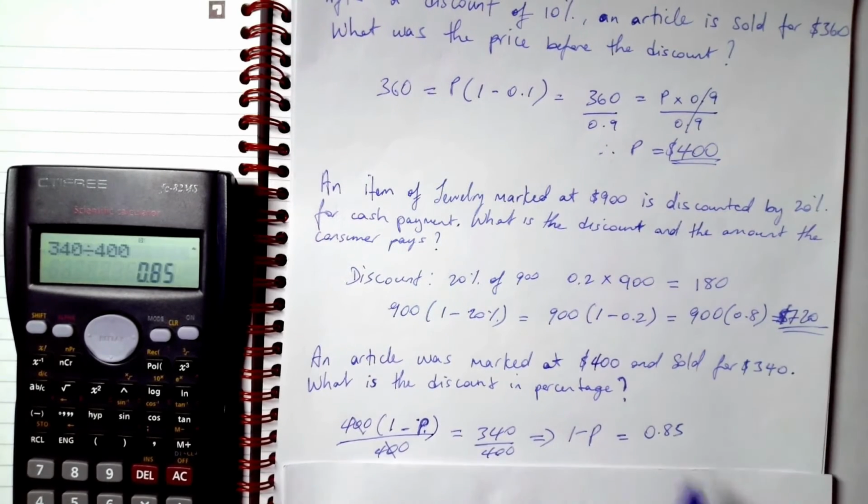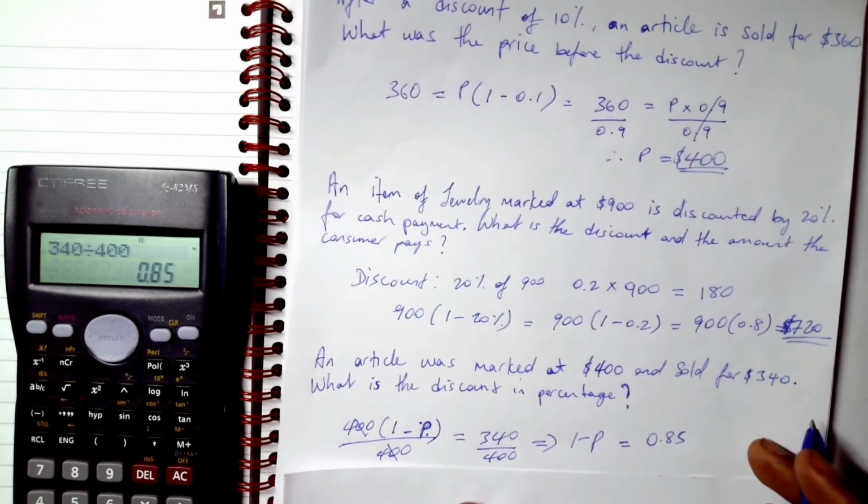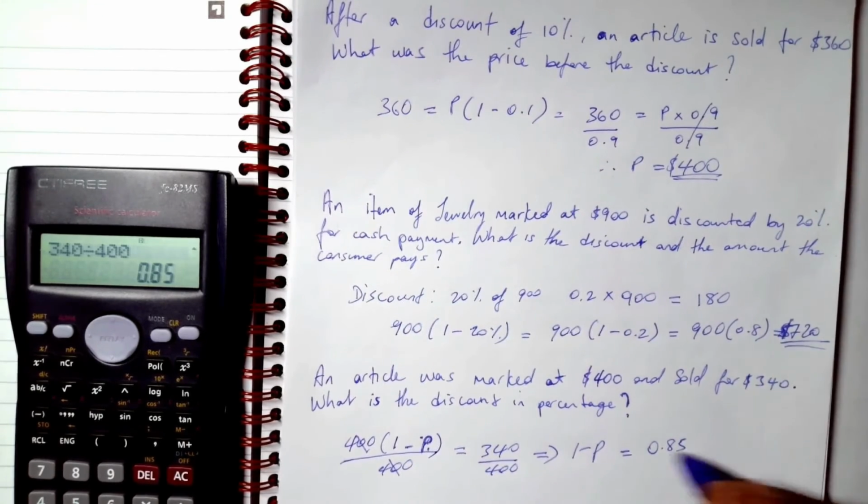Cool? We want P to be positive, so we take over the P. When we take over the P, we get 1 equal 0.85 plus P. When we take over a negative number, we get a positive. And then we want P by itself, so we carry over this 0.85.